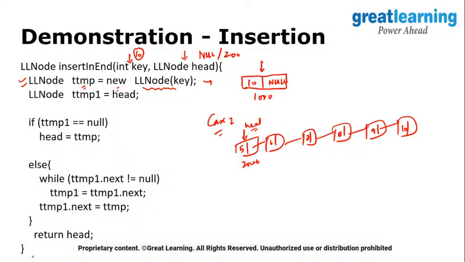Let's suppose these addresses are 3000, 4000, 5000, 6000, 7000. The last node points to null because there is no node after that. This node points to 3000, this to 4000, this to 5000, this to 6000, and this to 7000. This is the second case.